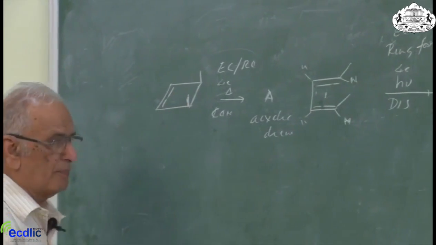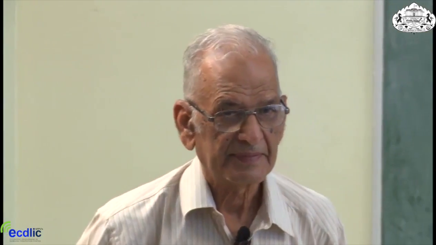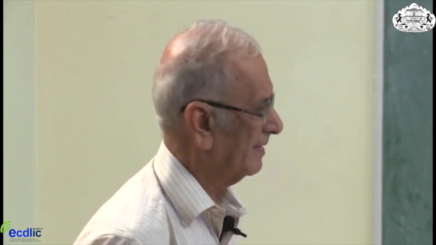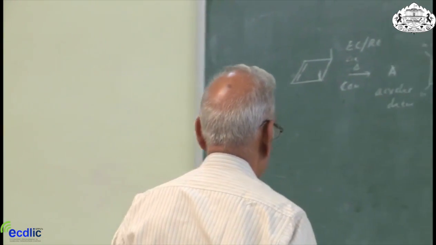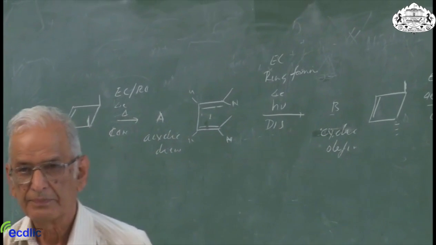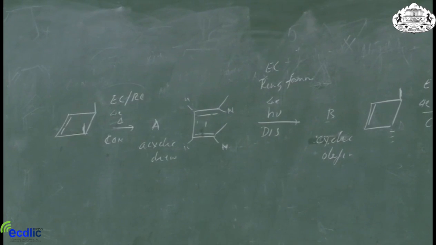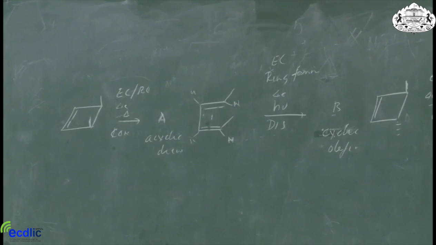Will this product be optically active? No. Why not? It has a plane of symmetry. Will this product be optically active? Is it a center of symmetry? No, it does not have a center of symmetry.